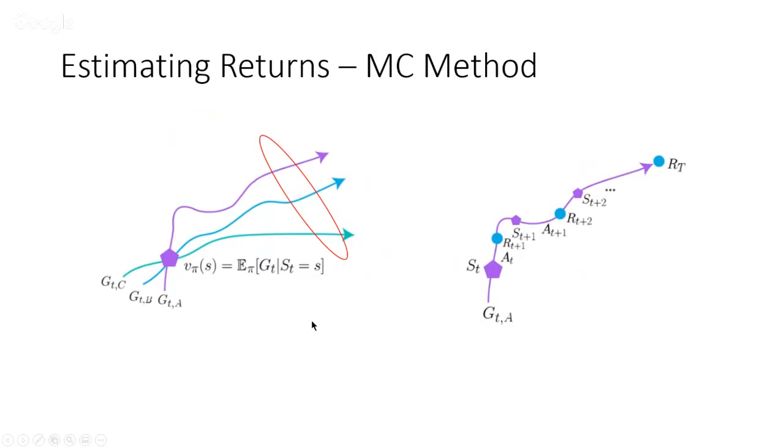And then you estimate the value given a particular state. But since we are going all the way until the end, these returns might be very different from each other, because there might be many random actions taking place in between. In the beginning they all start the same, right?